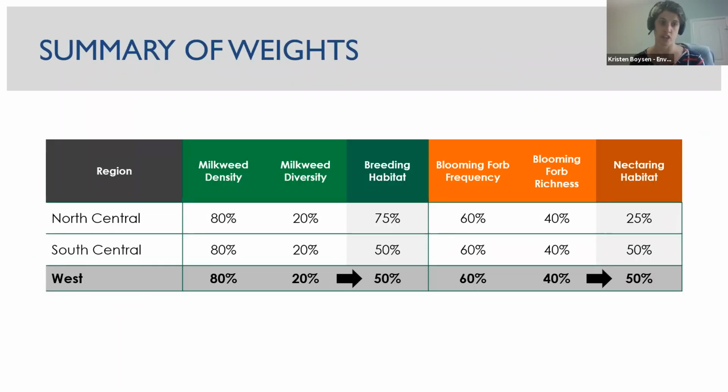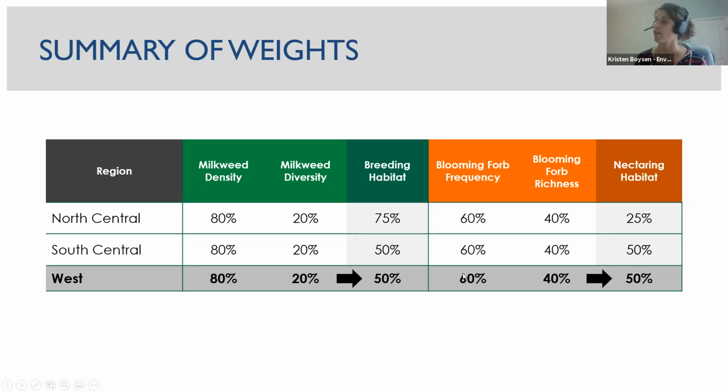So each of these attributes is weighted depending on importance, and you can see here the different regions have different weights. So in the West, the breeding habitat makes up 50% of the total score, and milkweed density contributes 80% versus milkweed diversity is 20%.